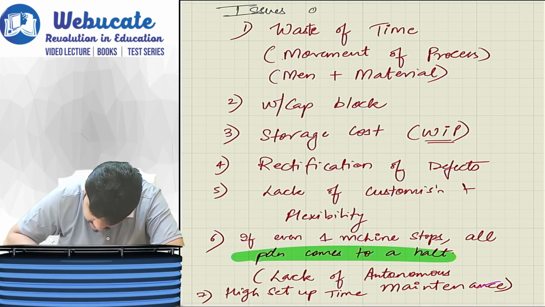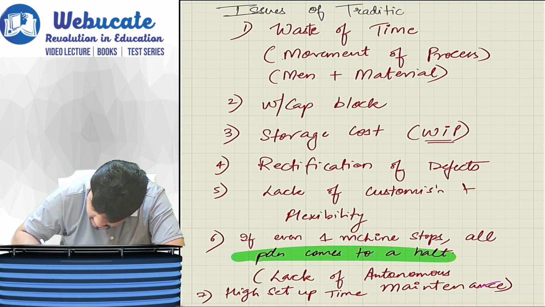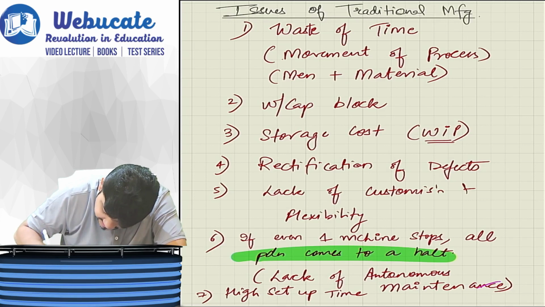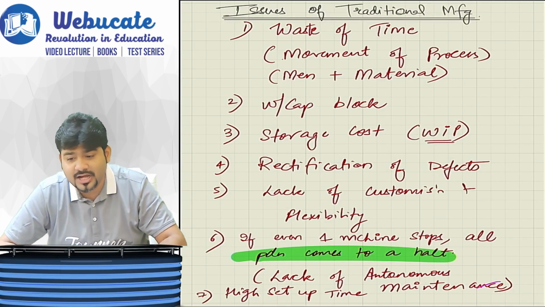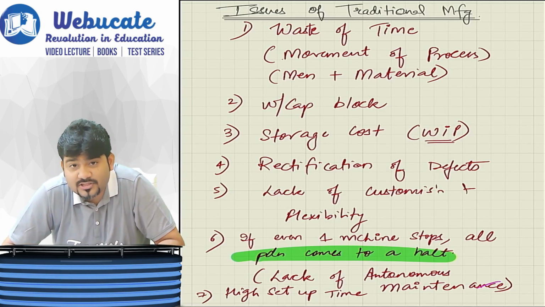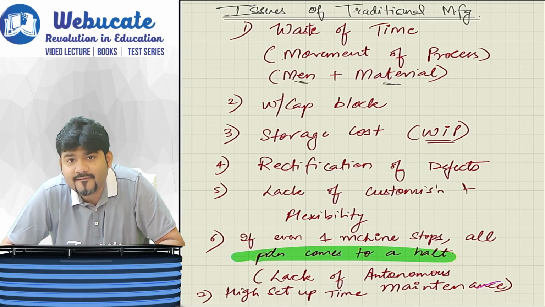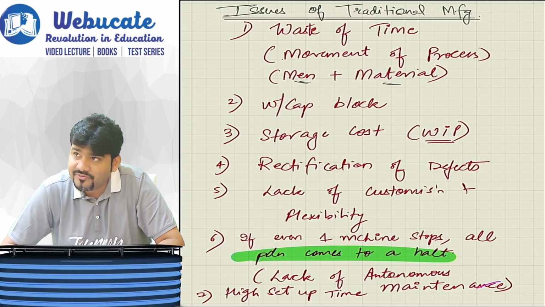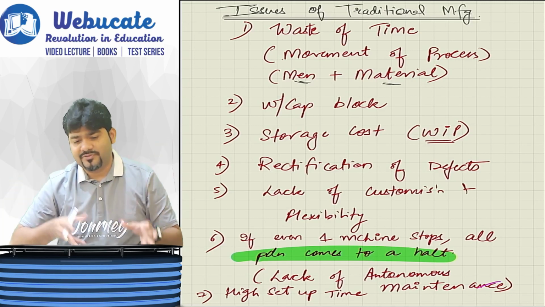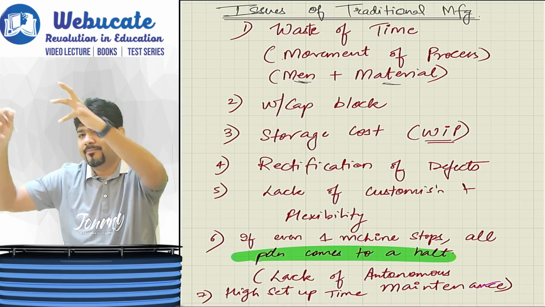So, issues of traditional manufacturing. First was waste of time: movement of process, men plus material. When did that happen? Say from ground floor to first floor to second floor. Even if it is on the same floor, big machines were taking units from one place to another.